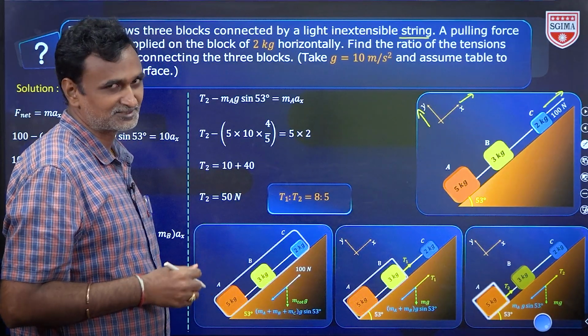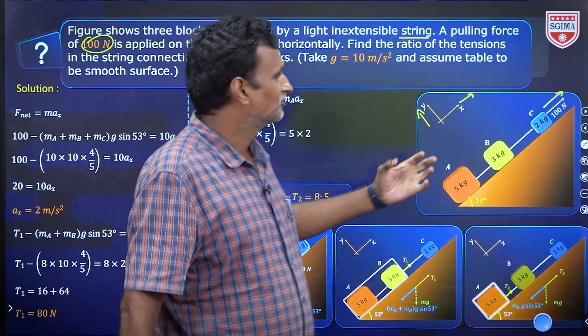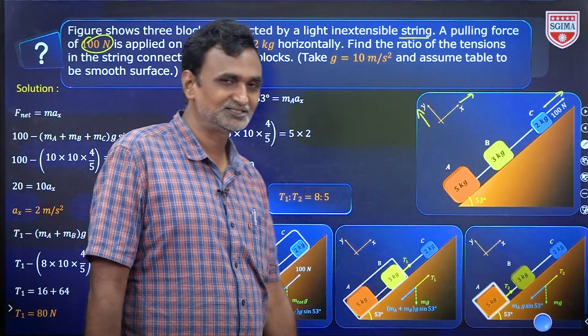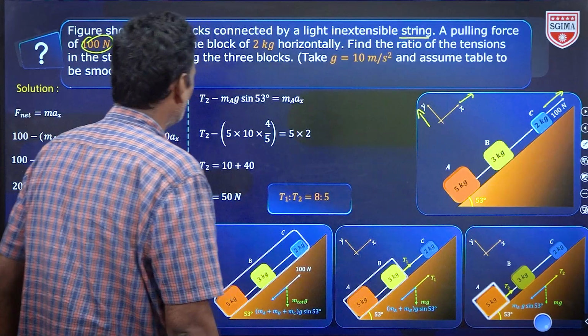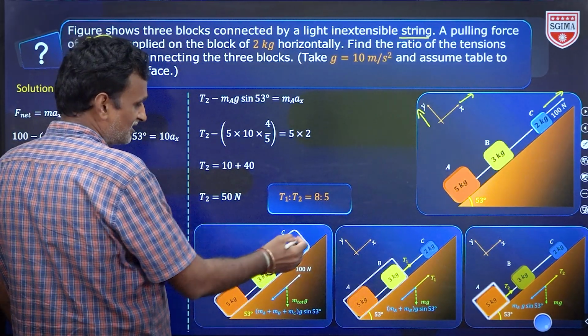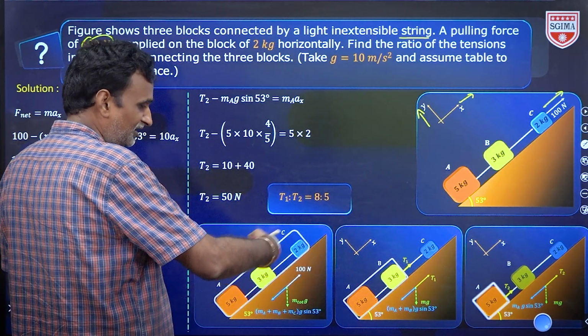Their ratio they are asking. First of all, what we need to do generally, total force equal to total mass into acceleration. Same concept we can solve. Let us start from here. This is the first answer figure. So three blocks taken as system. Right side force, left side force.